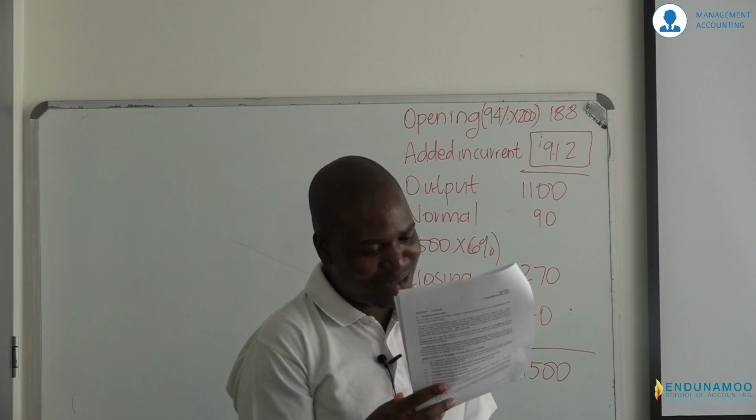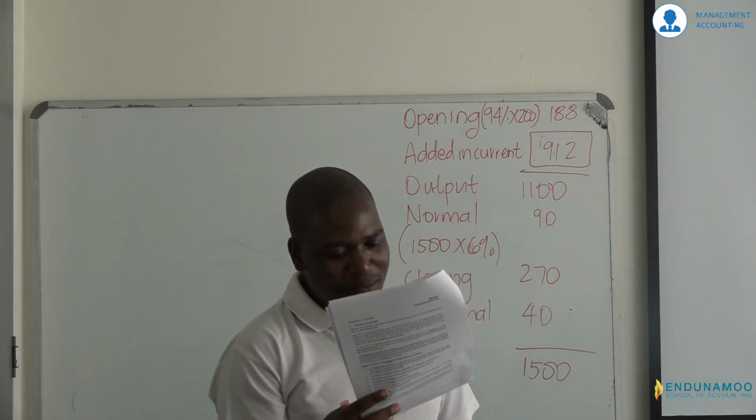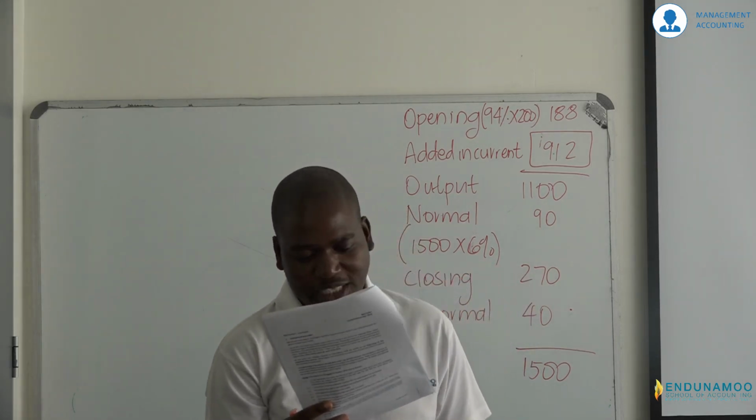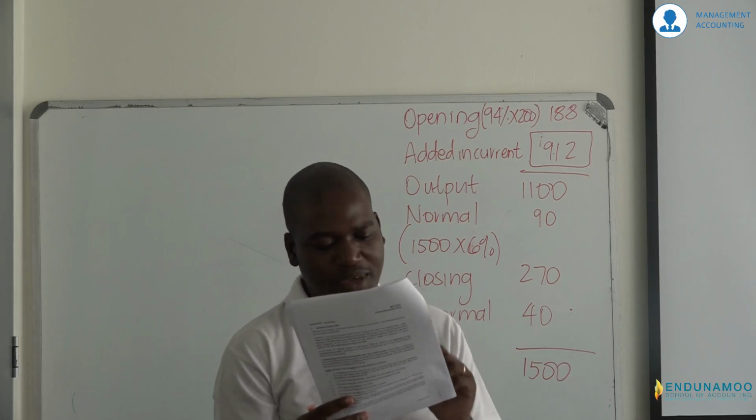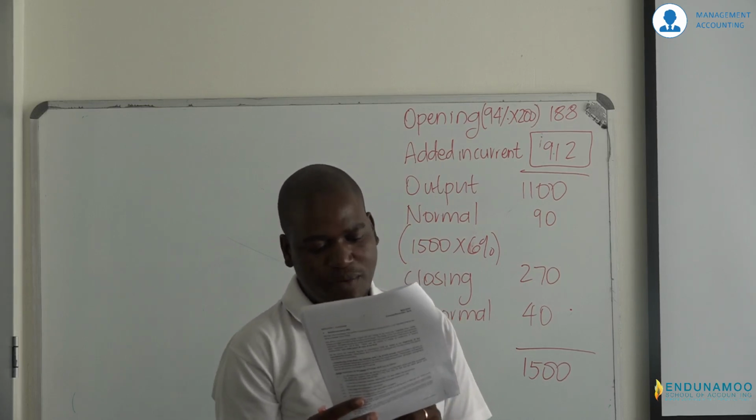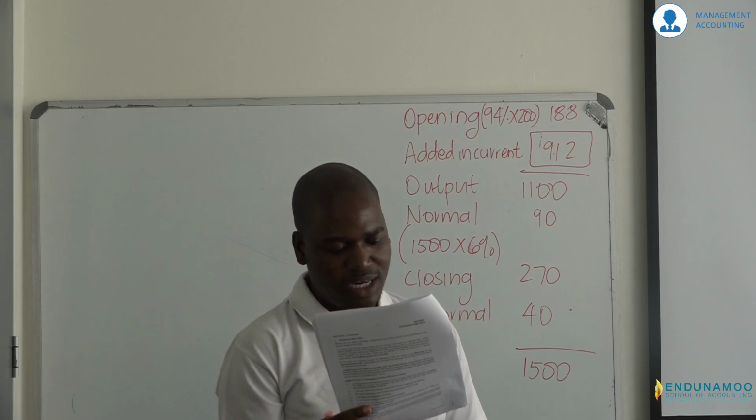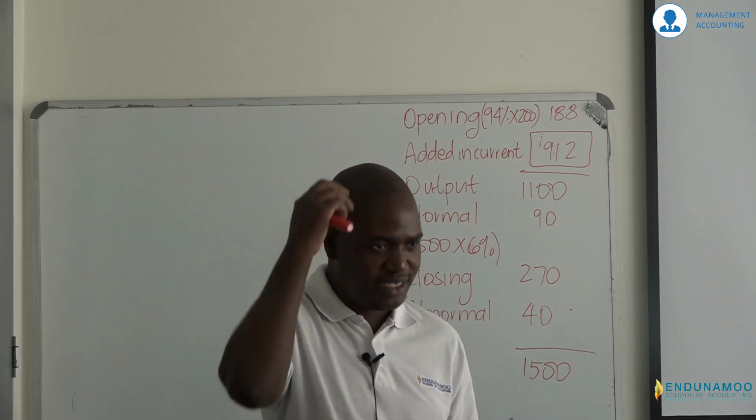Okay, let's look at F. Recommend to UB whether or not the special offer from New Mill should be accepted. Support your recommendation with the appropriate and relevant calculation. Ignore any qualitative factors.